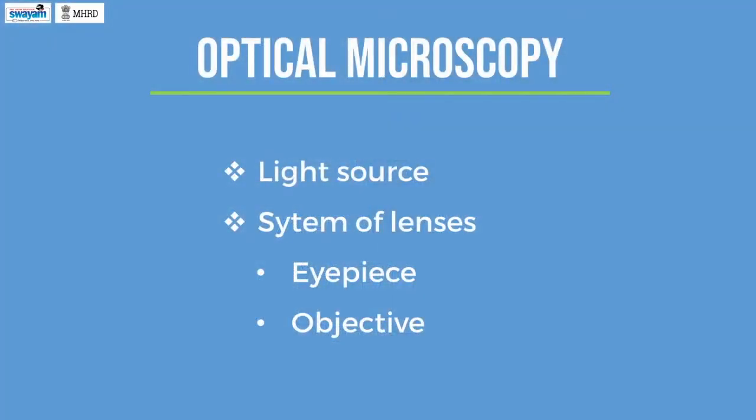The main components of a conventional light microscope are a light source and a system of lenses comprising an eyepiece and objective. The image is produced when the light crosses through a specimen and enters the system of lenses.